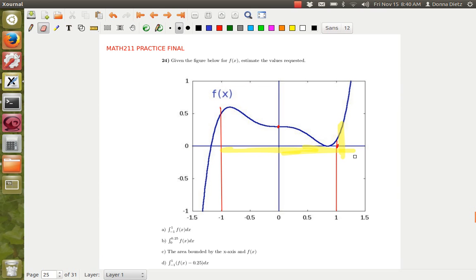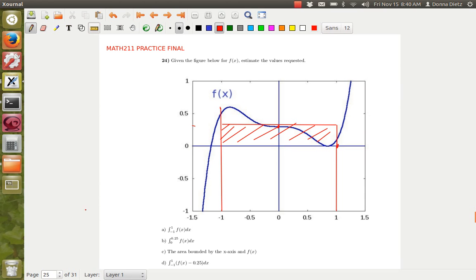Get rid of this highlighting. Then I can draw a line from here to here, well, if I use a ruler. The area inside this box is going to be roughly the same as the area under that curve, and that's the premise behind how I'm doing this problem.